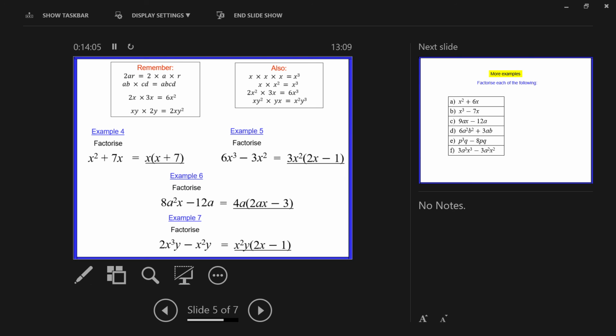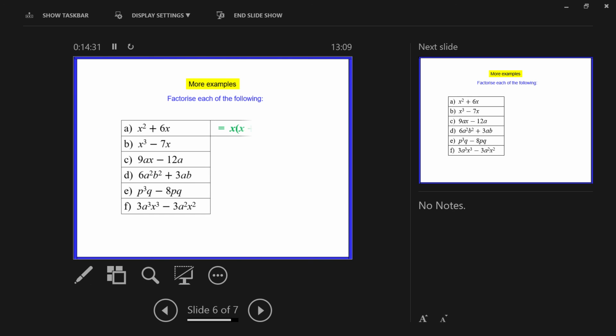The more you practice it, the better it gets. By the numbers, it's the highest common factor, and by the variables, it can be any. It is the highest common factor because common means both have got to have it. I couldn't use x squared because over here I just had x, so it's not common.